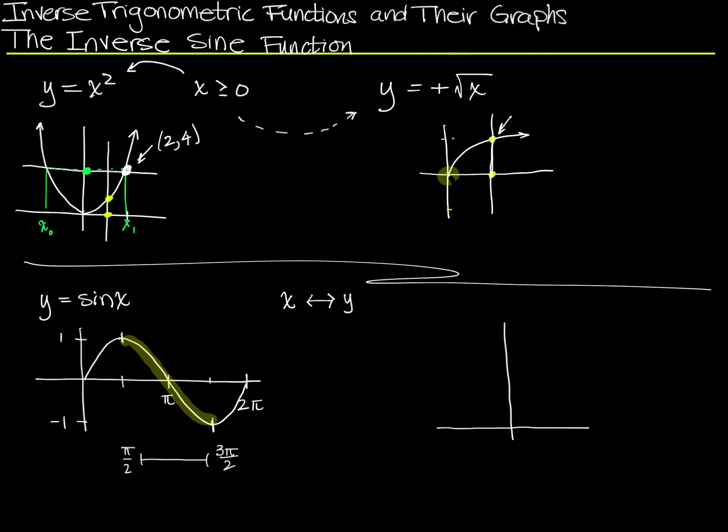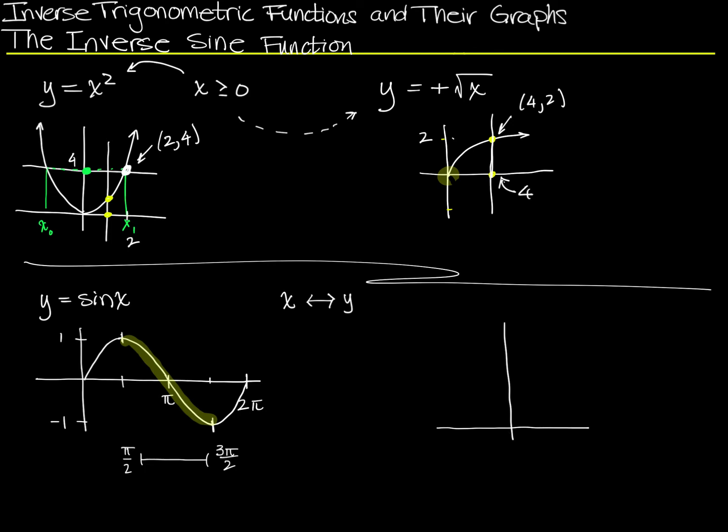The corresponding point on the inverse function is 4, 2. This is 4. The height is 2. Whereas here I have 2, and the height is 4. So for each point that I have on sine, I'm going to graph the inverse point, if you will, over here on my inverse function.